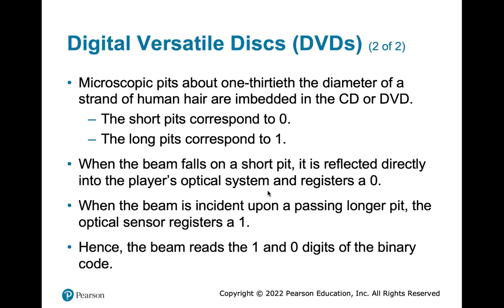Microscopic pits about 1/30th the diameter of a strand of human hair are embedded in the CD or DVD. The short pits correspond to 0. The long pits correspond to 1. Whereas when you only had 8 bits to reconstruct the signal, it was very coarse.